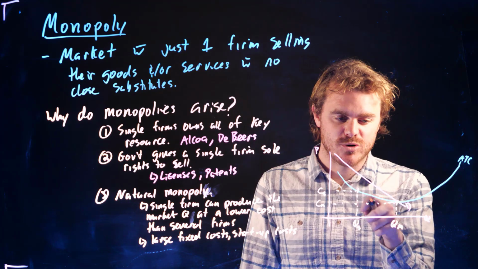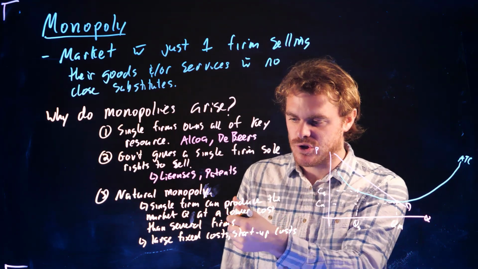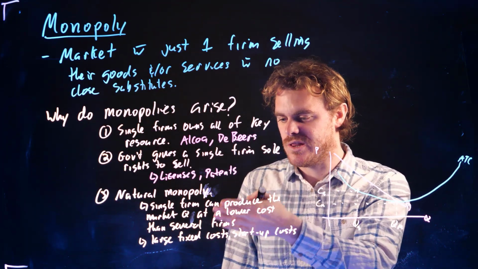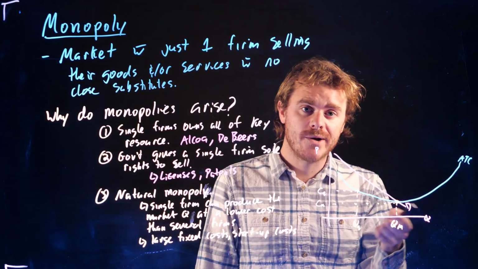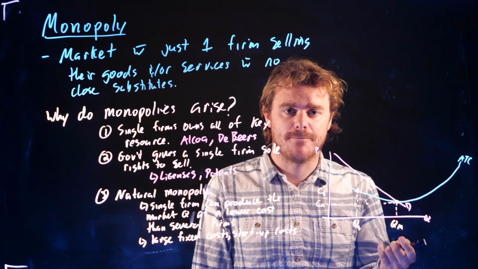So it might make much more sense in some industries where there are large economies of scale, or large fixed costs, or large startup costs, for one firm to dominate the market.